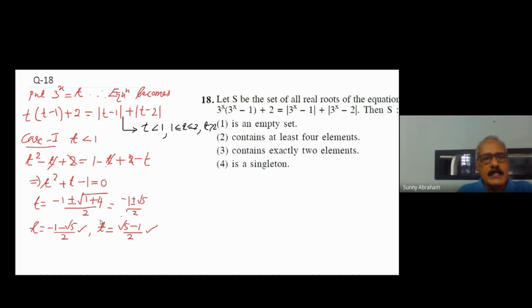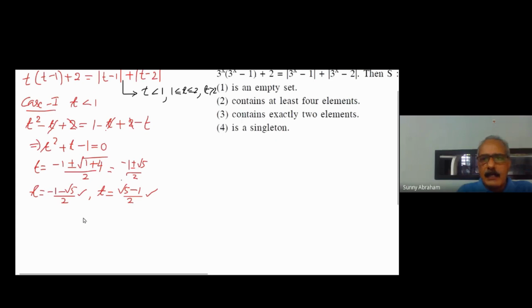Now, what is t? I told you in the beginning, a solution is a value of the variable satisfying the equation. Now, t is a substituted variable, and t = 3^x. What is the property of this exponential function? 3^x should always be greater than 0. That means t should always be greater than 0. Hence, the first value is inadmissible.